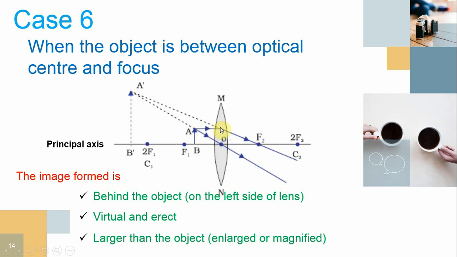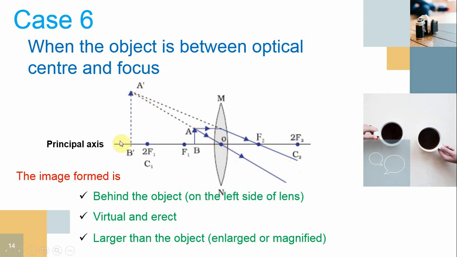One is parallel to the principal axis, it passes through the focus, and another ray passes through the optical center. It goes straight. But here we retrace back the two rays. We can get the virtual image A dash and B dash. So we trace back the two rays.